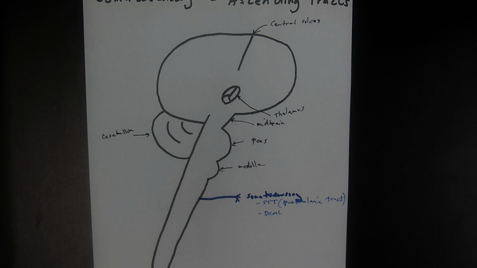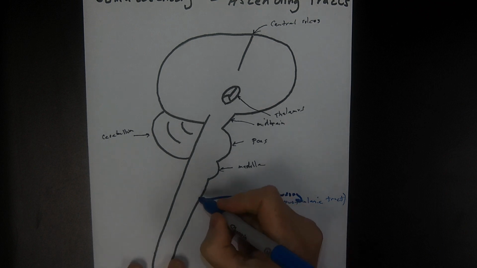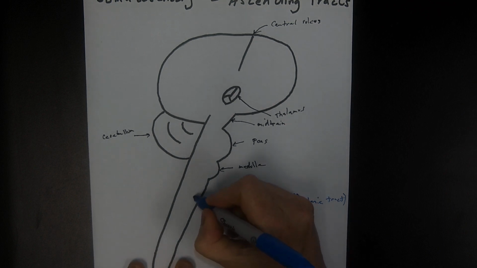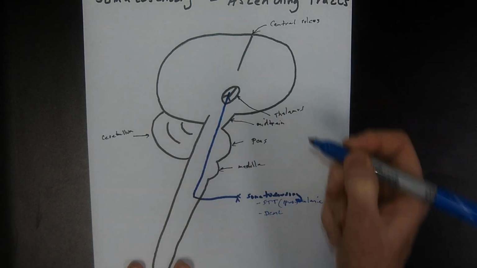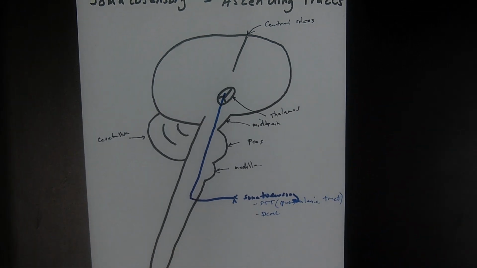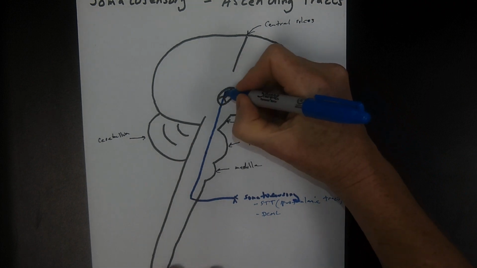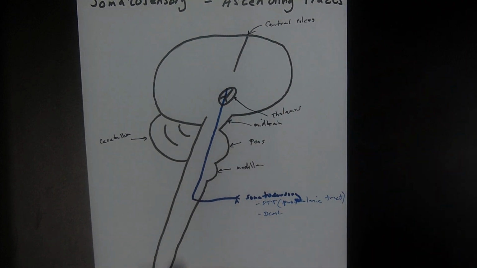No real detail here. So, somatosensory information perceived by these dendrites comes into the spinal cord and heads on up to synapse in the thalamus. For right now we're just putting all this in one neuron. So it's just the overall pathway. Once we get into the thalamus, that information comes up, and does it go to the central gyrus or the post-central gyrus?